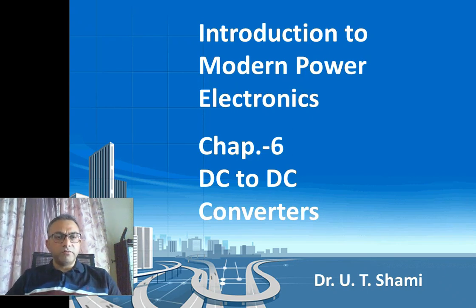Further on, we will discuss the single, the two, and the four quadrant step down operation of DC to DC converters. They will be analyzed and we will also discuss applications. In this chapter, the guidelines for device selection are also presented.